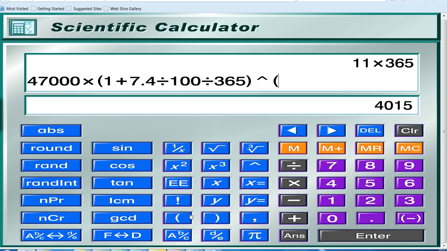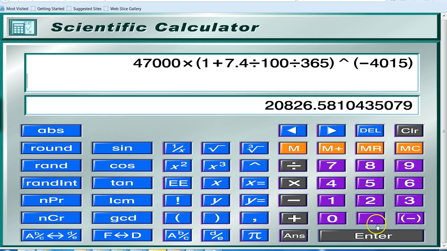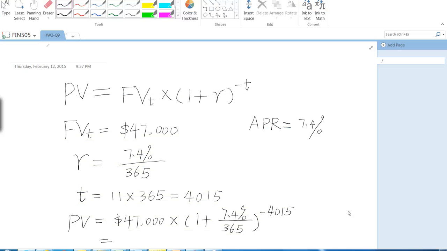Okay, so I also need left parentheses, negative 4015. Okay, enter. So the final answer is 26.58.